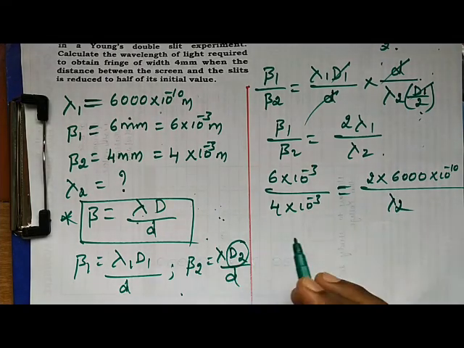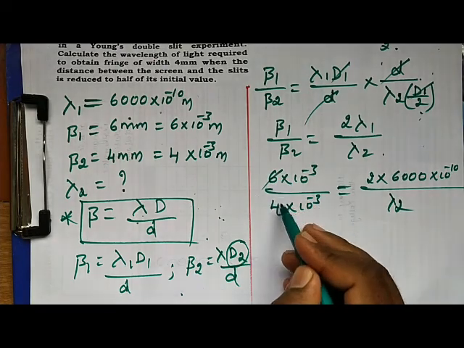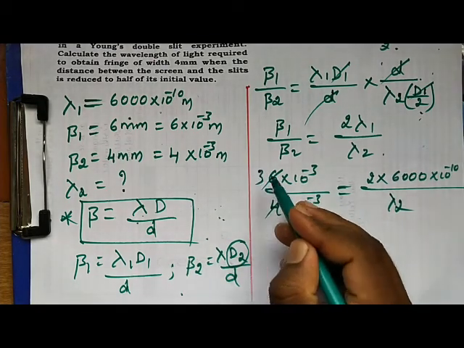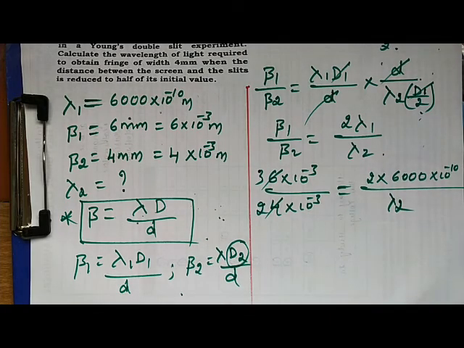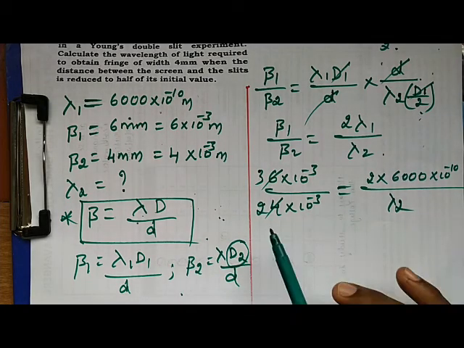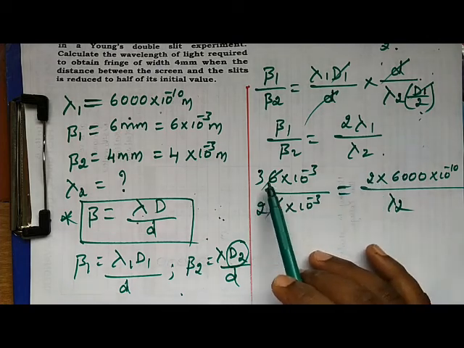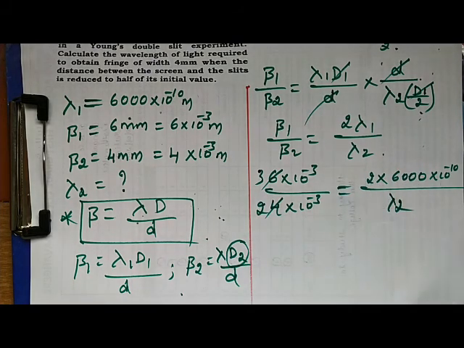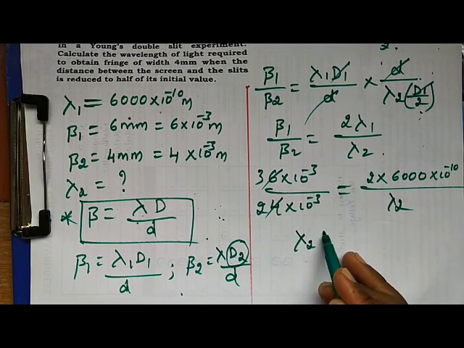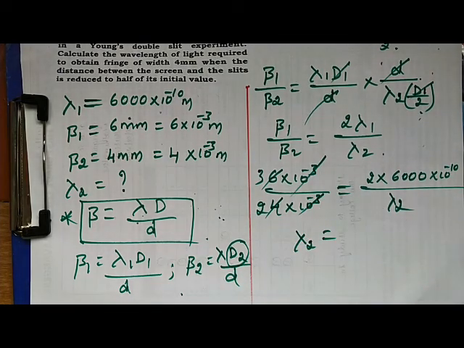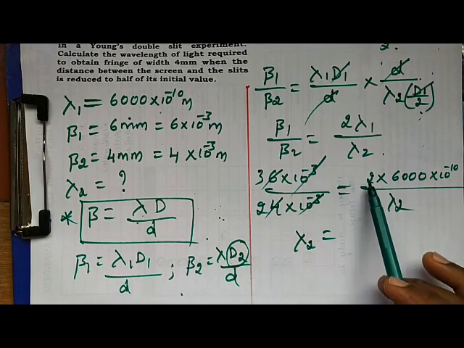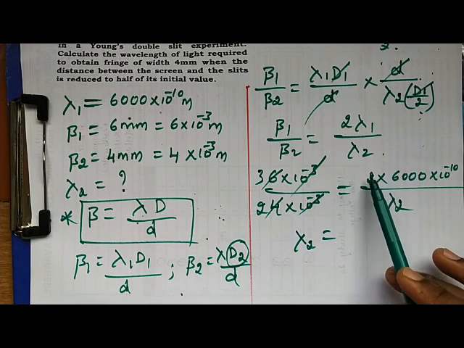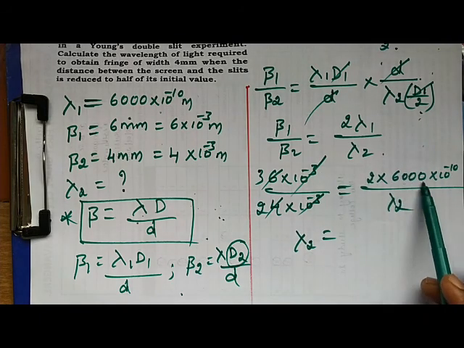Cross multiplying, 6 by 4 gives 3 divided by 2, so lambda 2 is 4 into 2, which is 8000. The 10 power minus 3 gets cancelled.